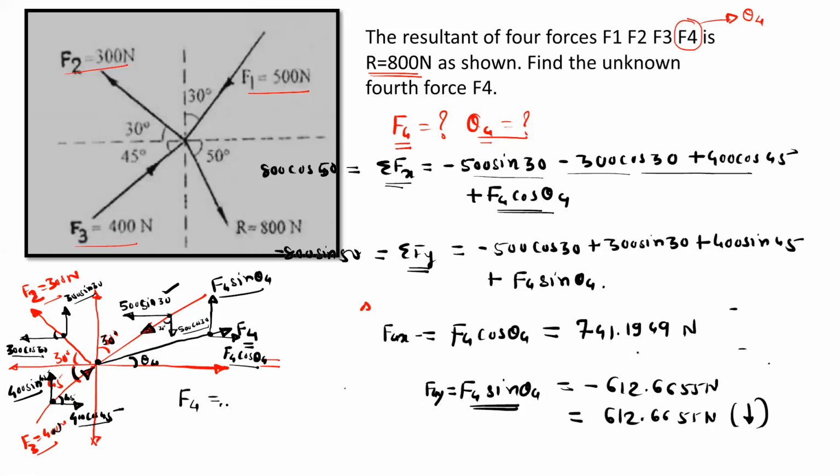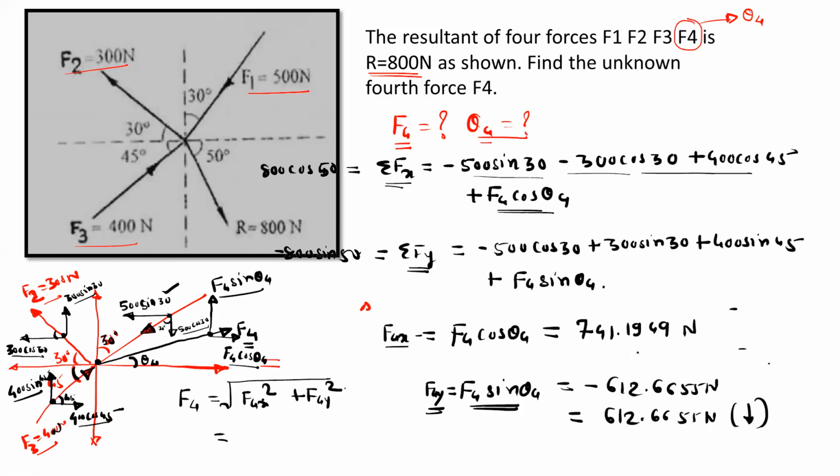It is equal to square root of F4x square plus F4y square. So basically F4 will be the resultant of these two components.